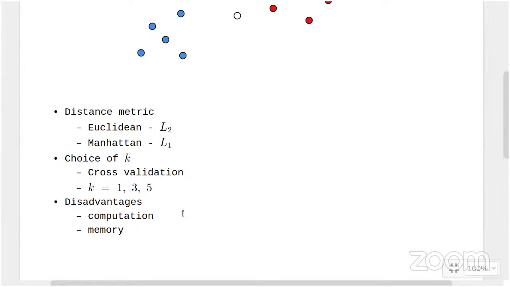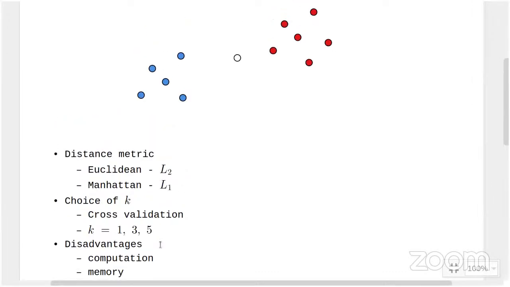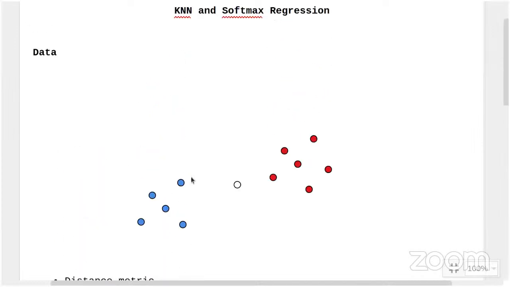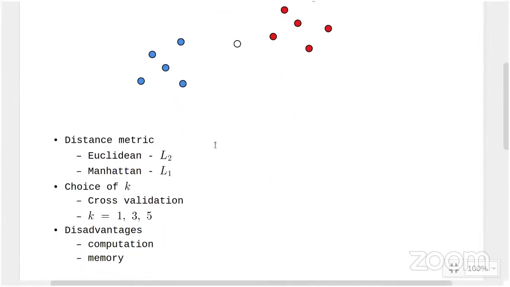The other point to note is that there is no model you are building in the case of KNN. You just have a training data set loaded into memory, and at test time you query each point in the training data set, select the top k neighbors, and then do the prediction.